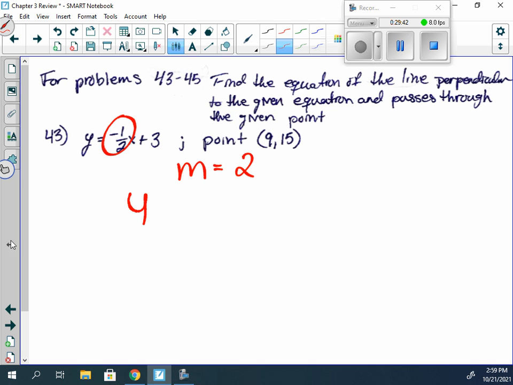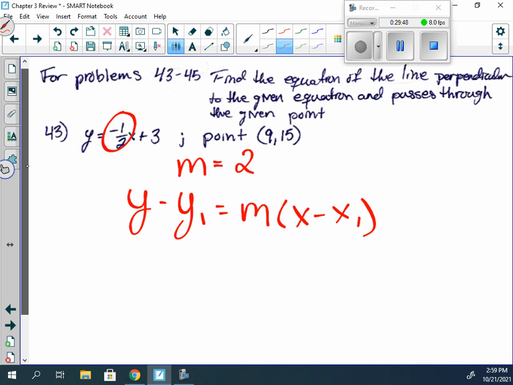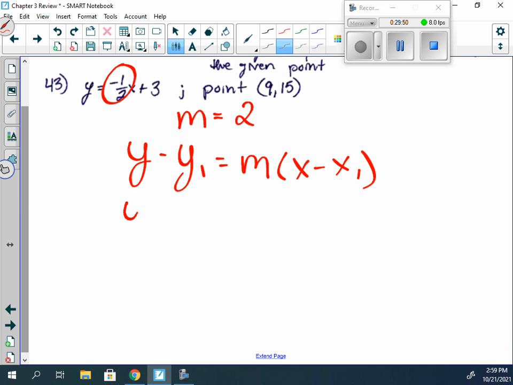Now again, we can use the same formula, y minus y1 equals m times x minus x1. So y minus 15 is equal to 2 times x minus 9. Very good.